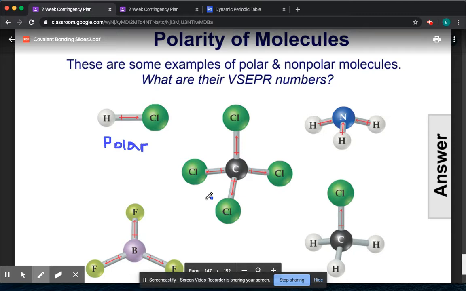If you think about the X and Y, these would cancel each other out in terms of the X-axis, meaning there would be no left-right movement. And because they're going slightly down, they would cancel the Y portion as well. So there would be no net dipole. So this would be a non-polar molecule. This is non-polar.